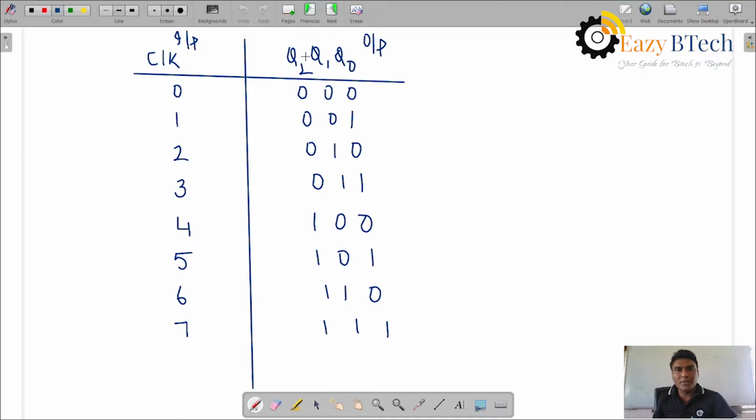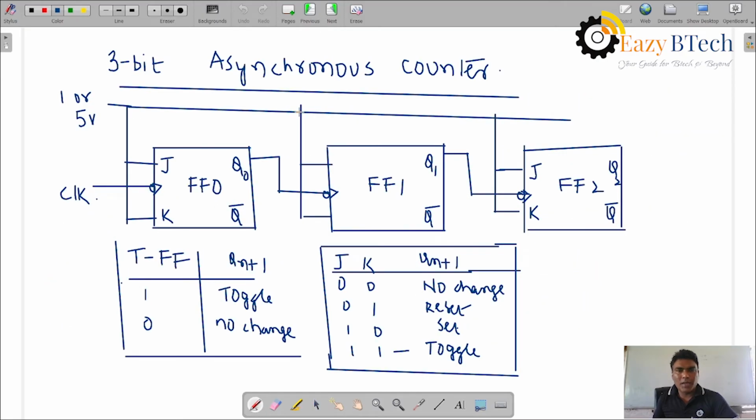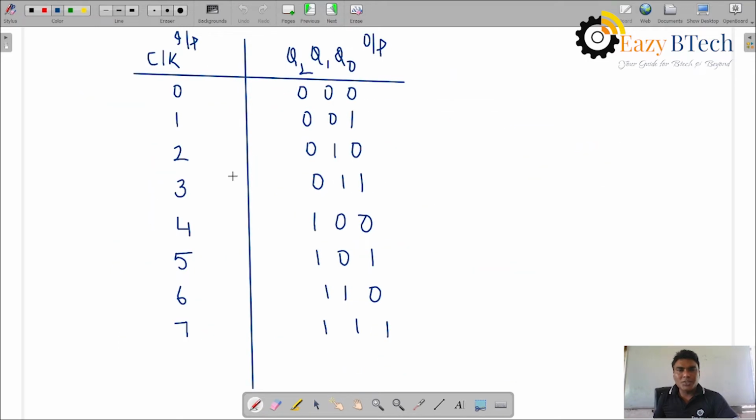What happened? The JK inputs are connected to high level, so it changes state, now it is changed to 1. Again there will be the no change state and this will be 0. This may happen continuously.